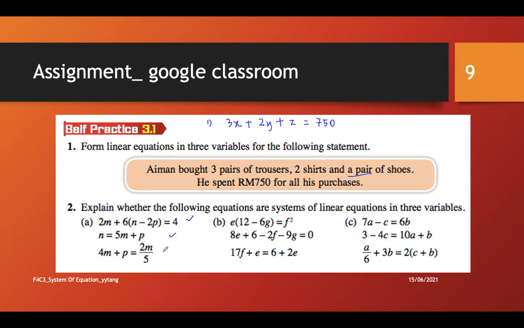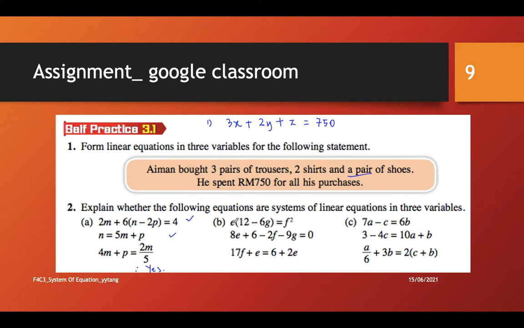The equation has 0 n value. This one, the n, it doesn't have. It's okay. So it is still considered a linear equation, and this has three variables. So the total is yes. Then you can see the answer behind along the statement I wrote right here.